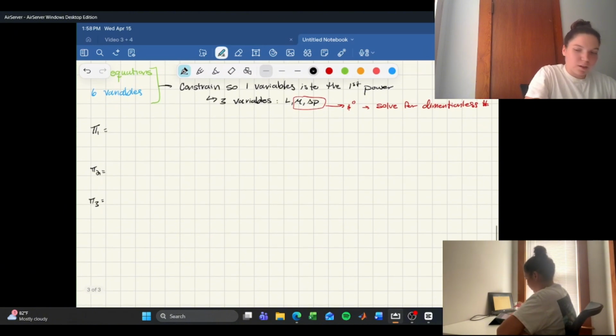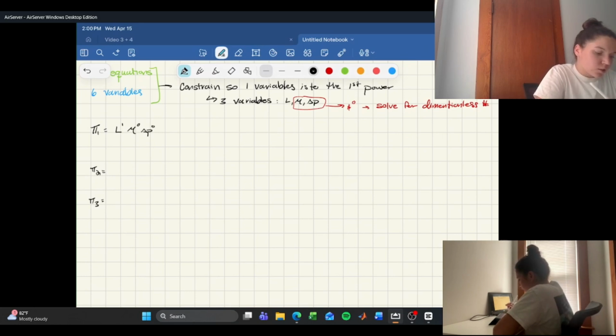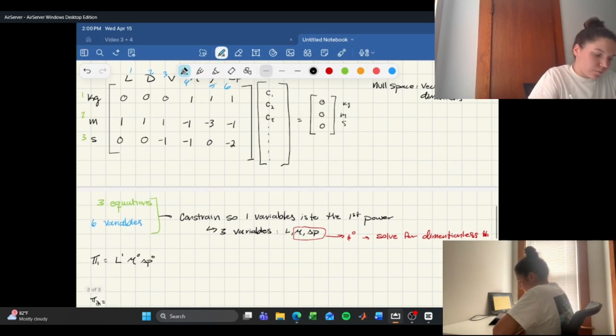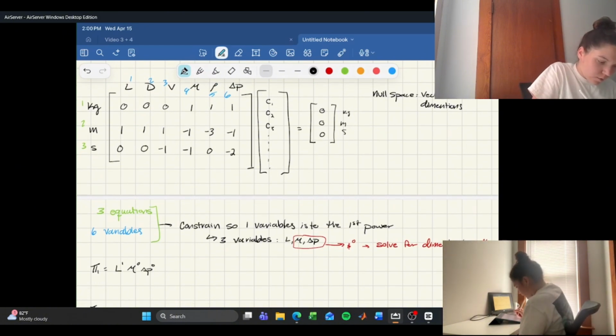Okay, so here's what this is going to look like. So we have length to the first power. We have the viscosity raised to 0, and the pressure also raised to 0. So if we look back at our variables, we have the diameter is raised to some power, the density is raised to some power, and the velocity.